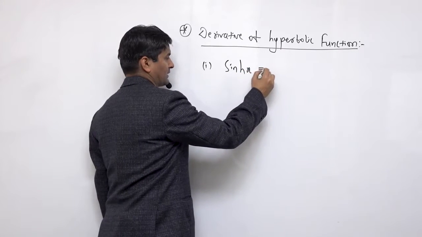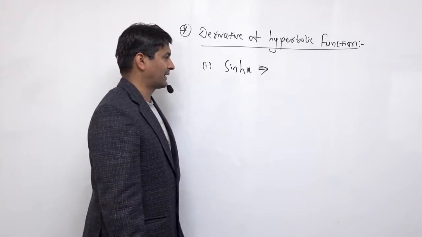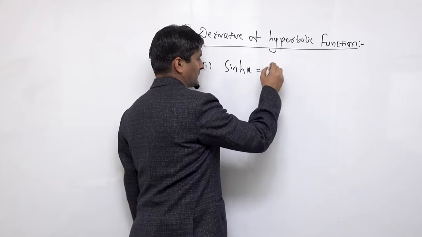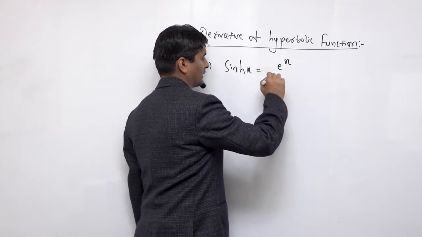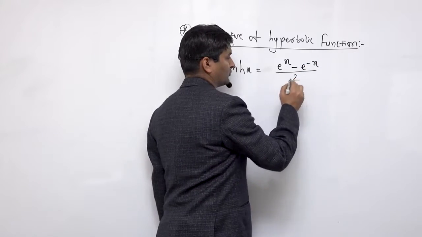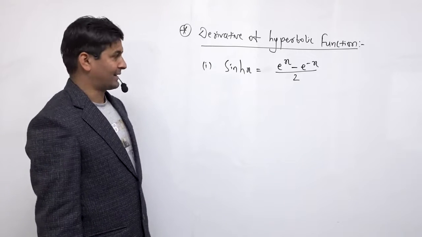Sin hx means it is the hyperbolic function of sine. The value of sin hx is e to the power x minus e to the power minus x by 2. This is the value of hyperbolic function of sin hx.